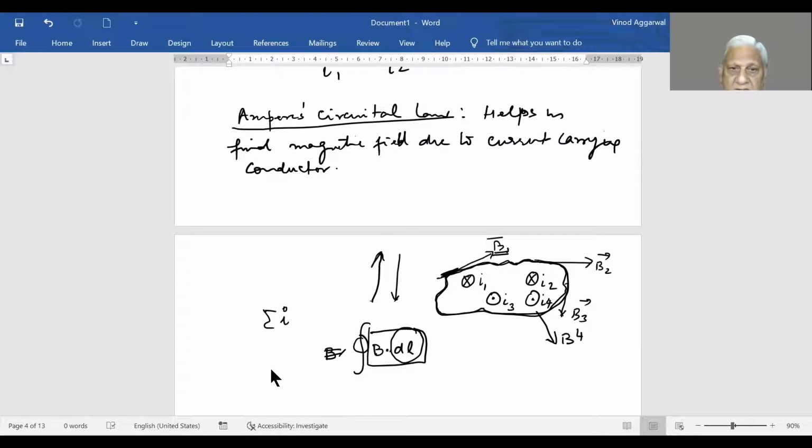Now, if you do that, then this is equal to mu naught I. B was a vector, dl was a vector, and since this is a dot product, the result will be a scalar.